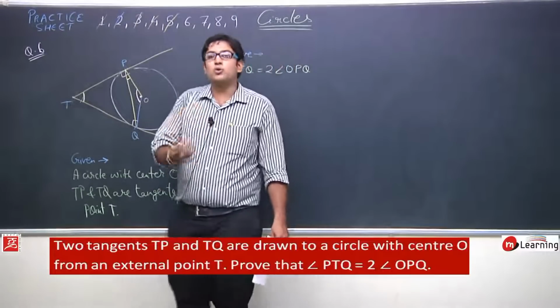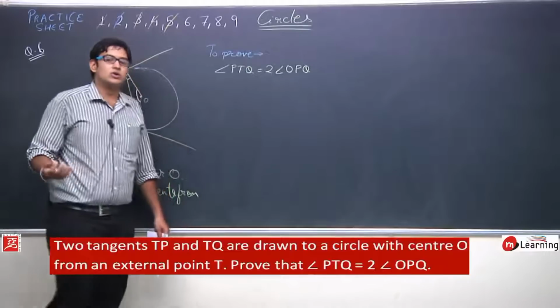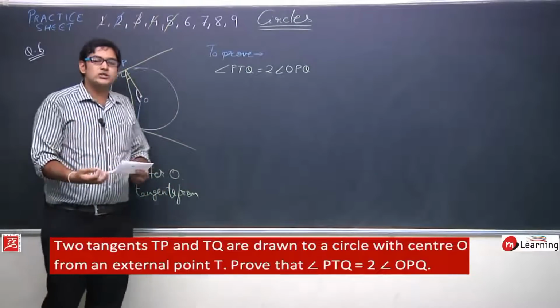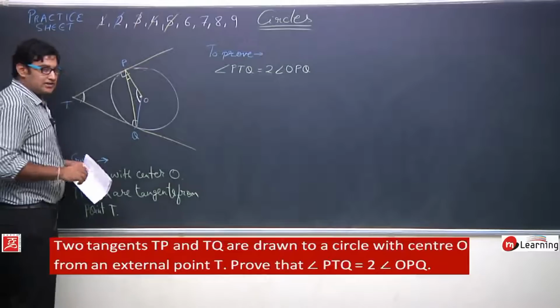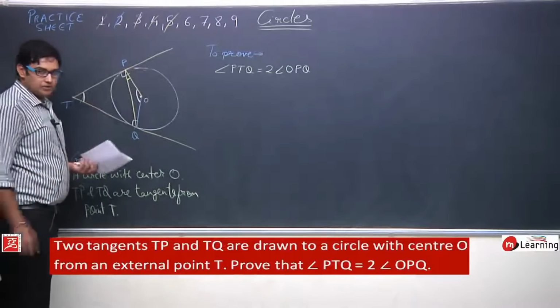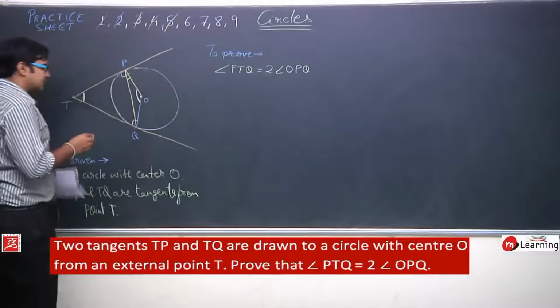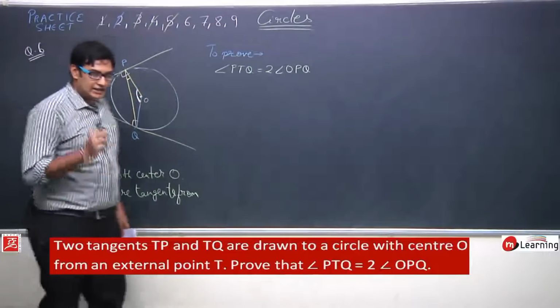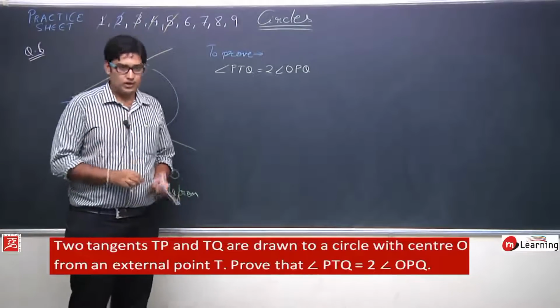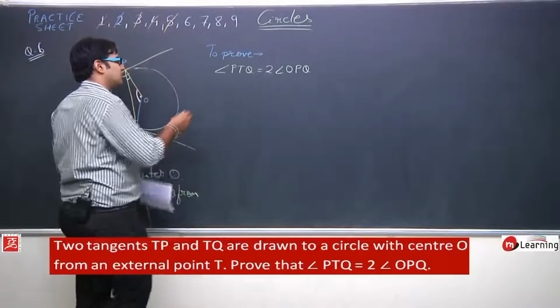I am not going to prove it again. I am going to use the same property that we have proved previously. Here I am saying that the sum of this angle and this angle is equal to 180 degrees, that you should know. Okay, so let us start the proof.